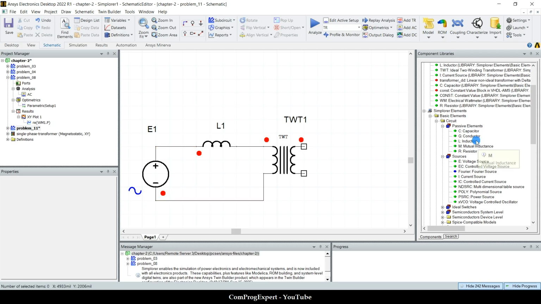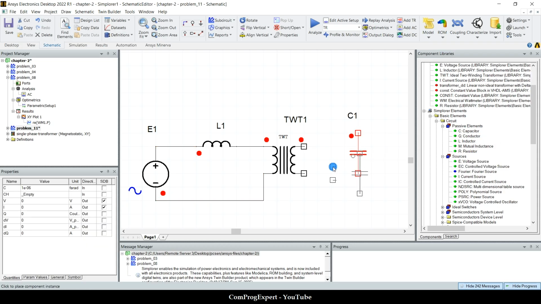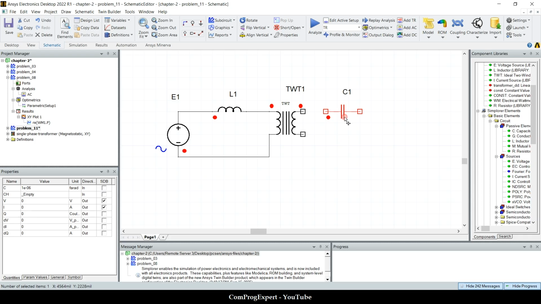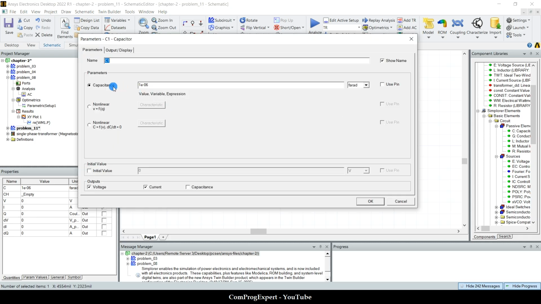And we have this capacitance, right? This capacitor here. So let's set the value of the capacitance.